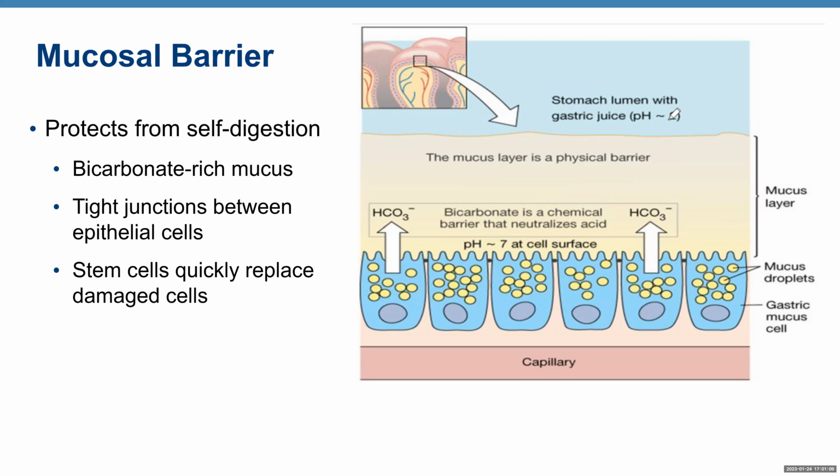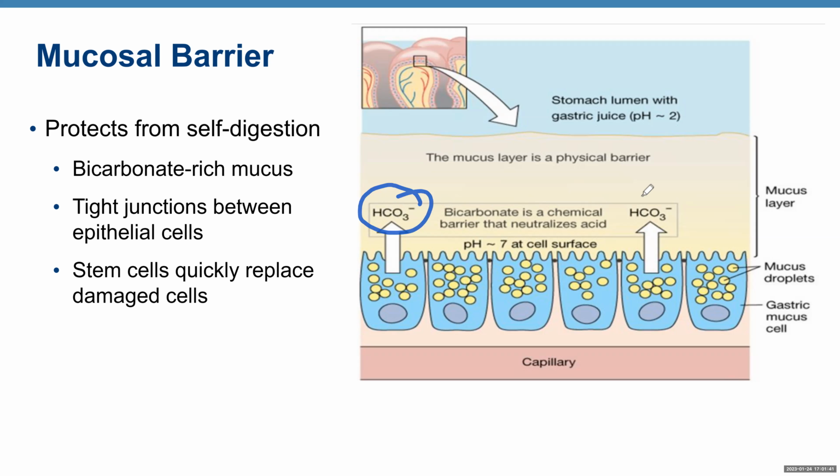We have tight junctions between epithelial cells. So here are our epithelial cells of the stomach, and here are our tight junctions, and stem cells that quickly replace damaged cells. What do we see over here? We have our gastric mucus cells that produce lots of mucus. They're connected through tight junctions, and that mucus is rich in bicarbonate.